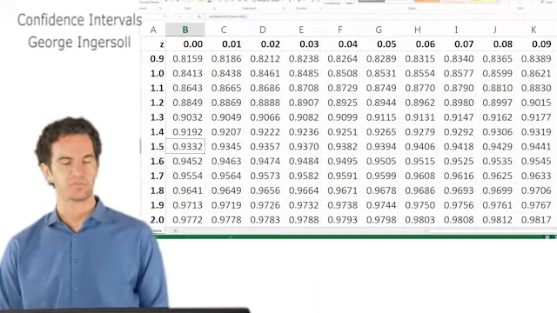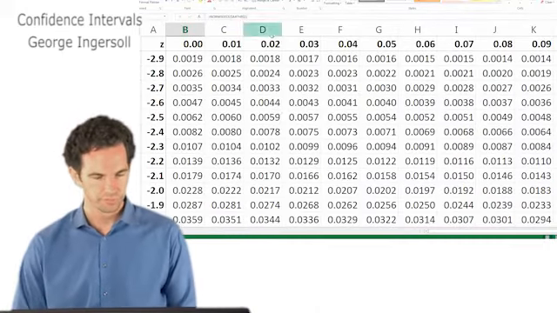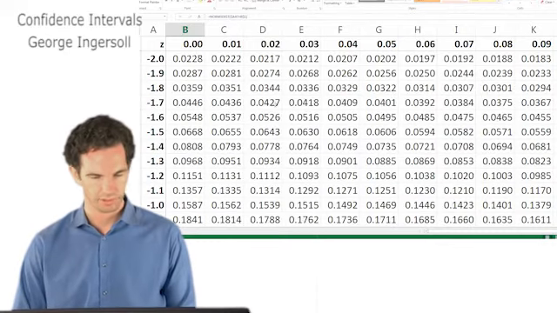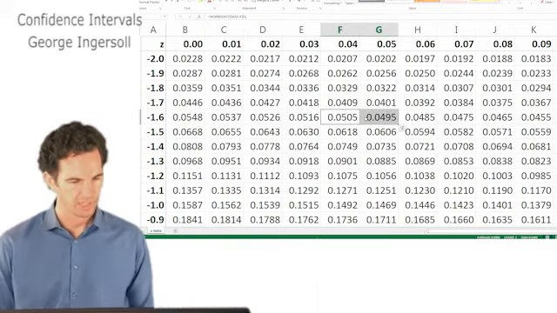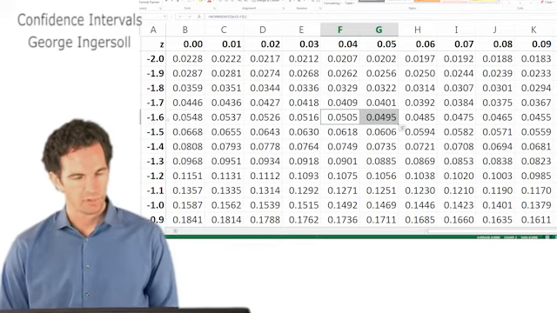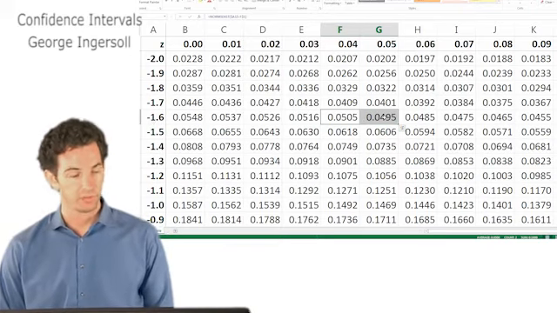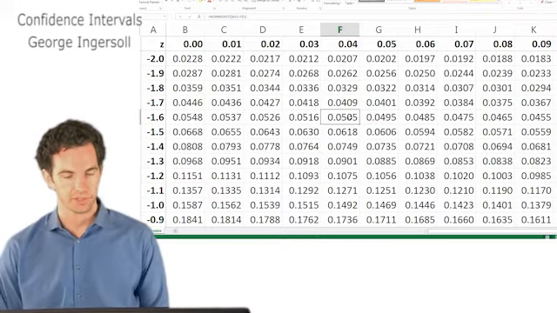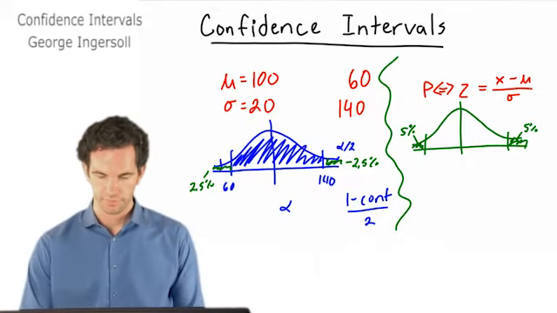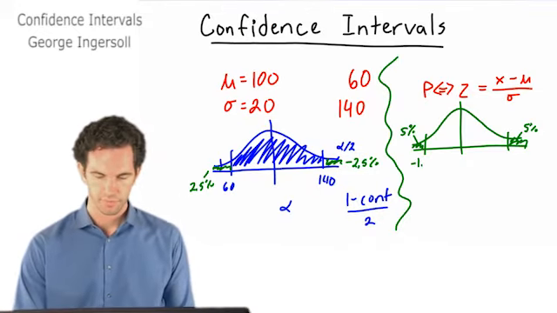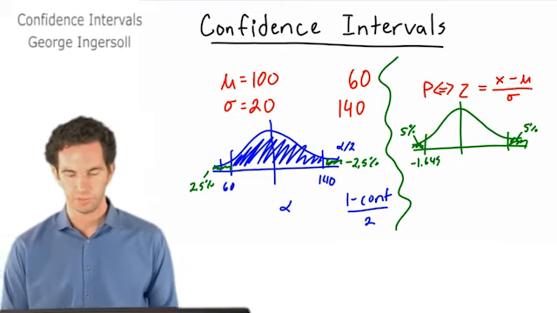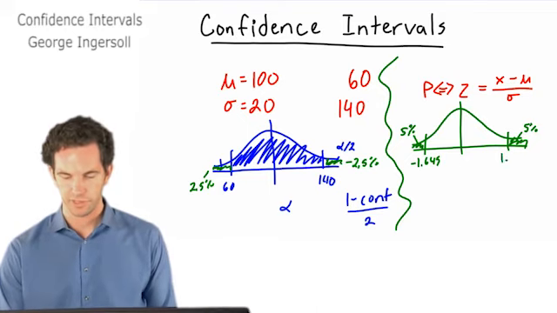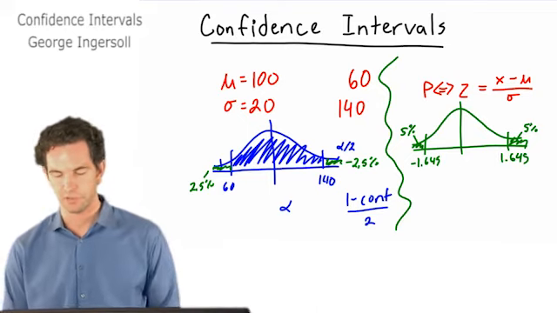So let's go find 5% in our z-table. It's going to be 0.05. All right, it falls pretty exactly in between negative 1.64 and negative 1.65. So we're going to call this negative 1.645. So that's our lower bound z value, negative 1.645. Our upper bound z value is positive 1.645.